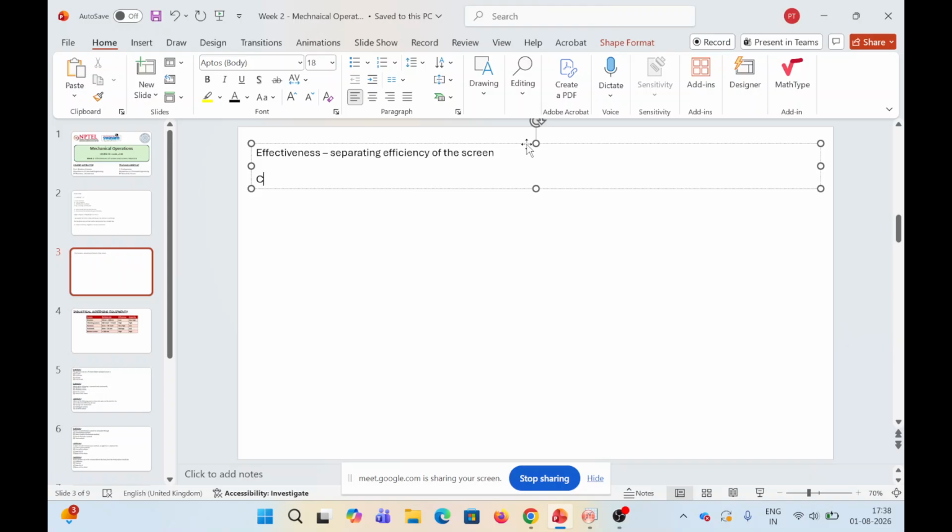Now there is another term that we need to discuss, which is the capacity. Capacity is basically the mass of the material that is fed to the screen per unit time, per unit area of the screen.